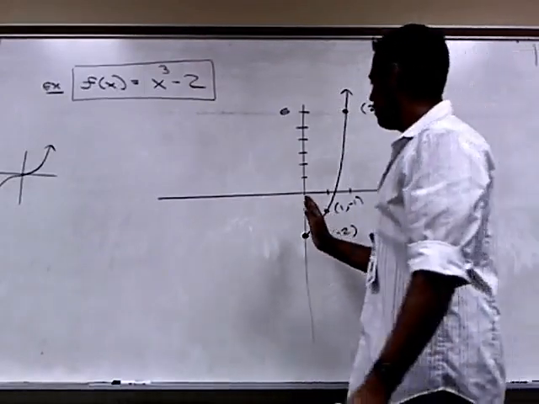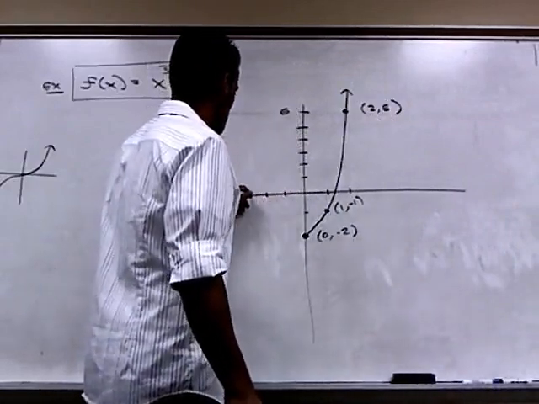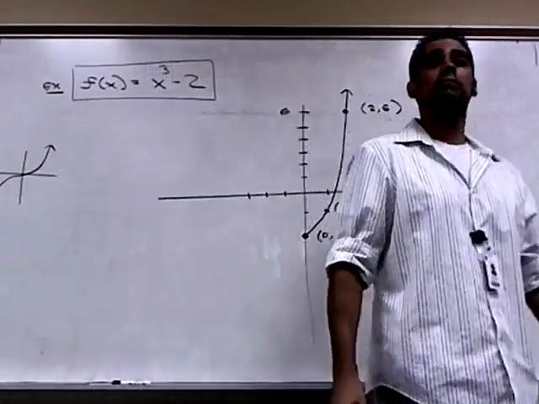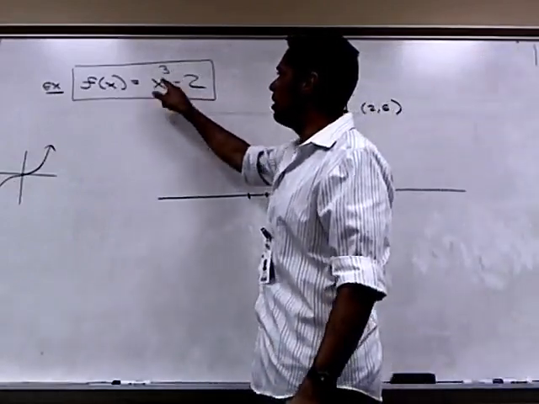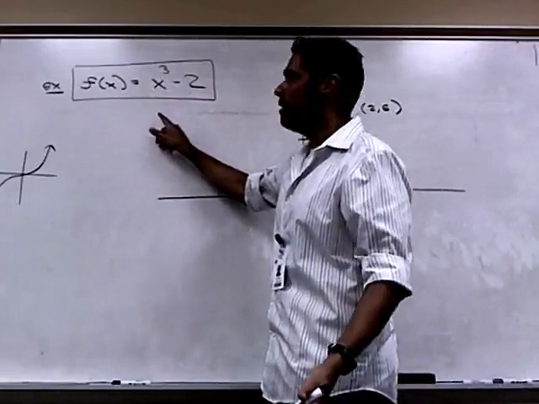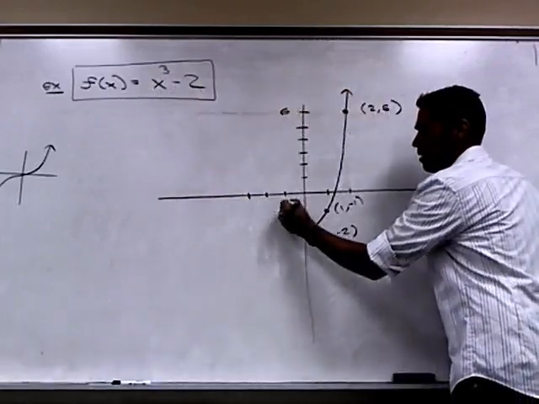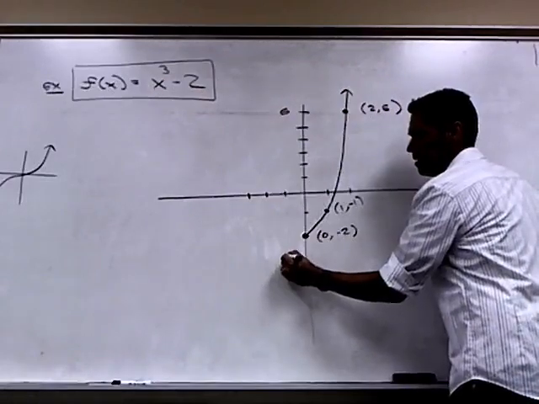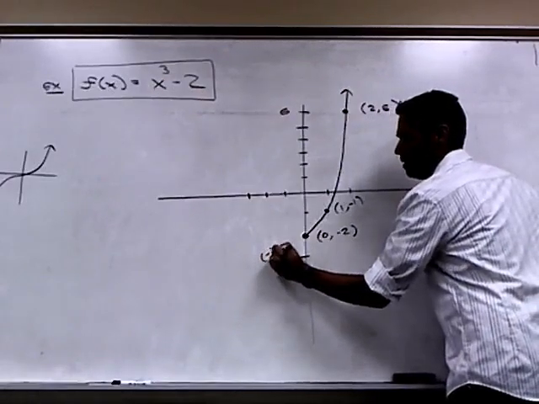Now let's get a couple of other points on this side. How about if I plug in negative 1? What happens if I plug negative 1 in here? What's negative 1 cubed? Negative 1, then take away 2, you're negative 3. So that's the point negative 1, negative 3.